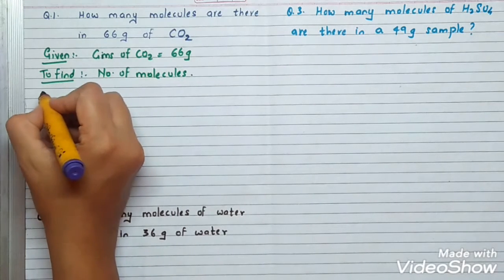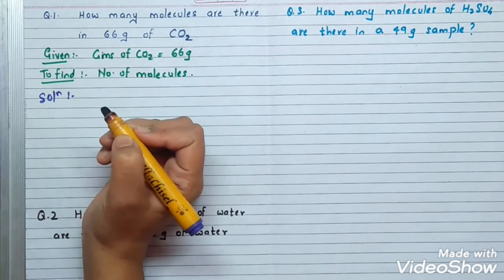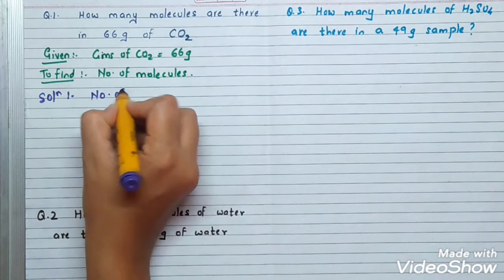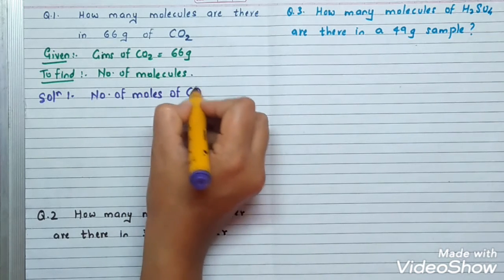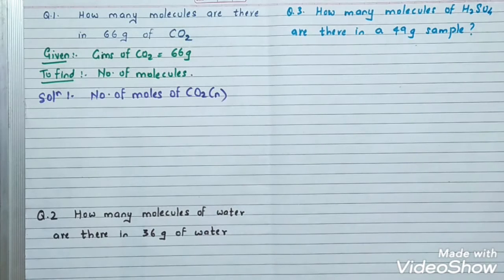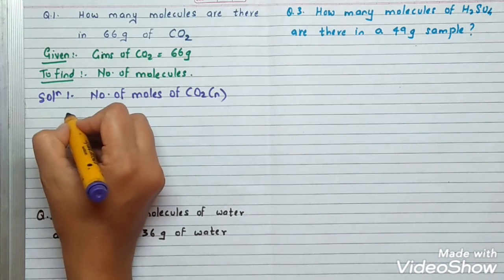So what is our solution? First we have to find the number of moles of CO2, which is written as N. And there is one formula to find the number of moles. So what is the formula?